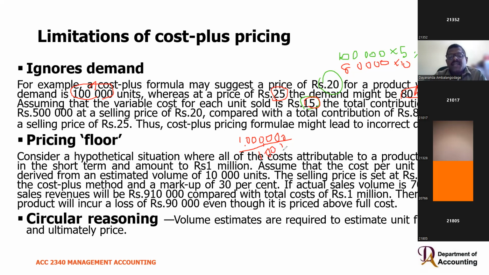So your cost would be 100. Agree? If you add a markup of 30%, what happened? Your selling price would be 130. That is what it says here.